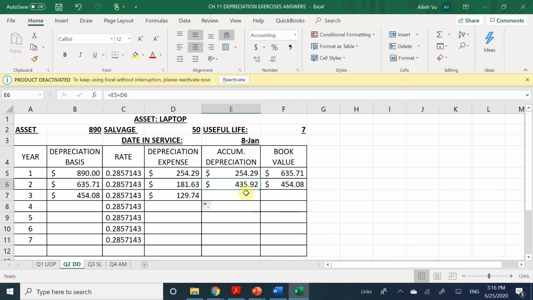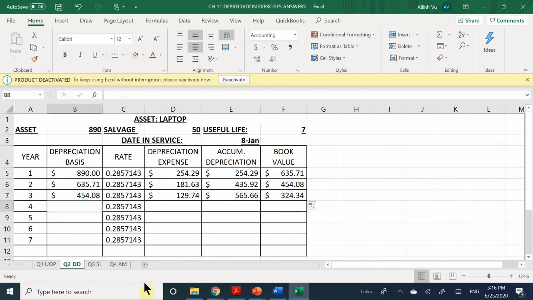I know. 565.66. Yep, that's it. Oh no, I was doing the last problem also. Okay, our book value now is 324.34. Yep.